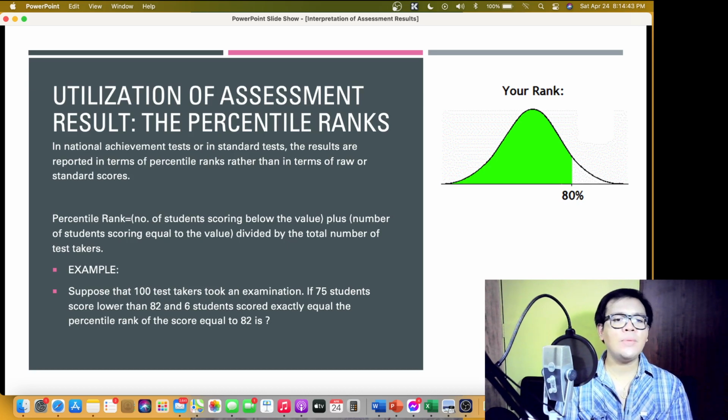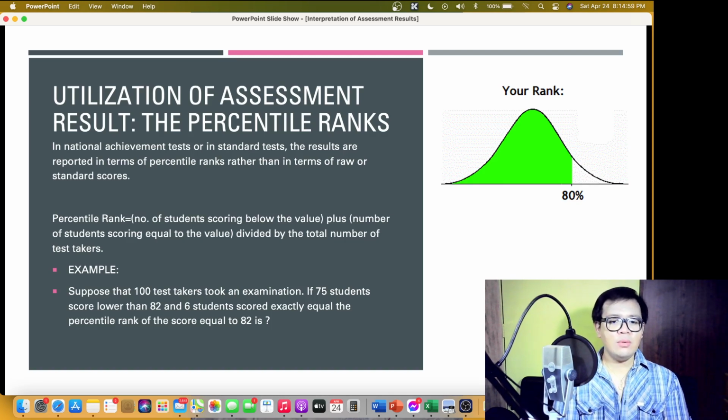So say for example, suppose there are 100 test takers who took the examination. 75 students scored lower than 82, and 6 students scored exactly equal to 82. What is the percentile rank of the score, which is equivalent to 82? So it is what?